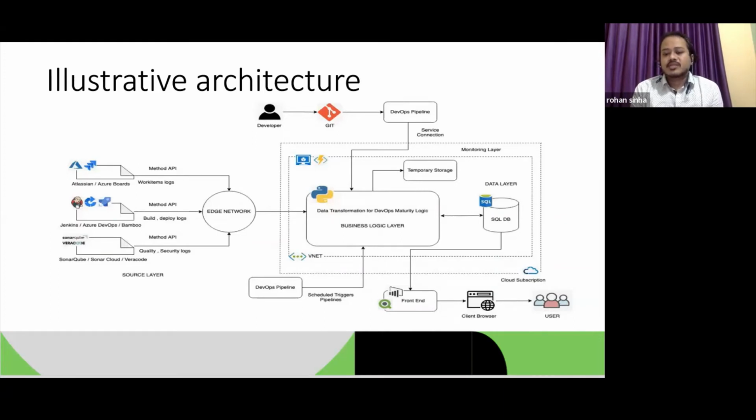So this architecture describes how we are going to show a simplistic view of the assessment logic.